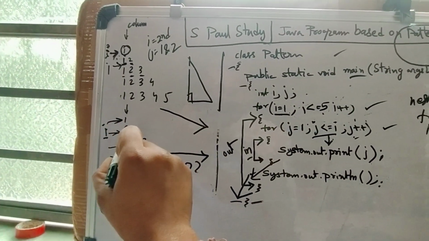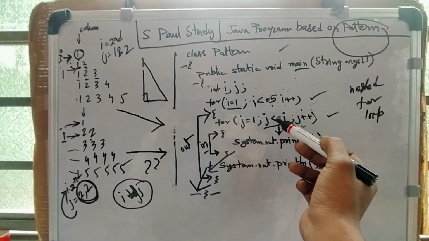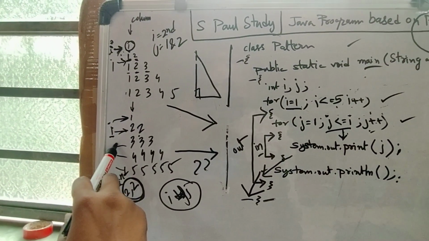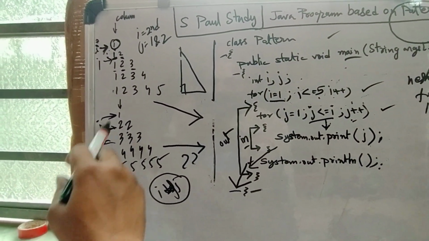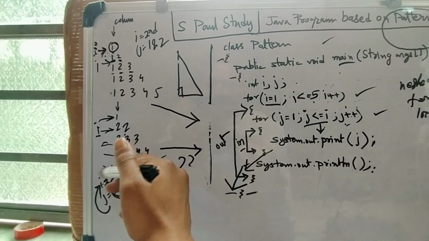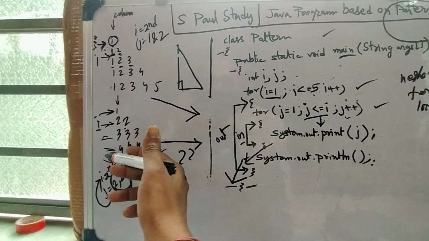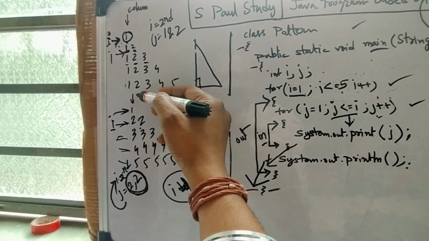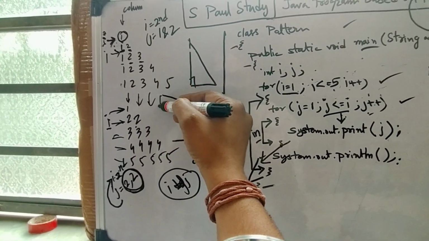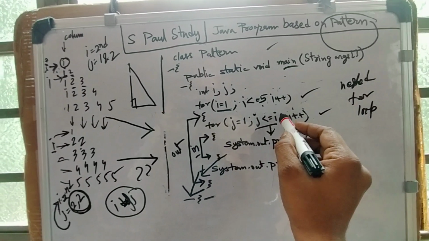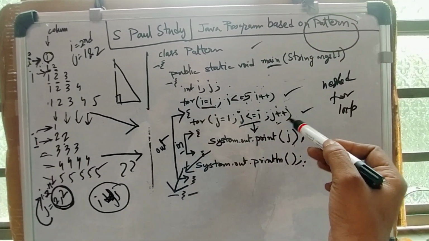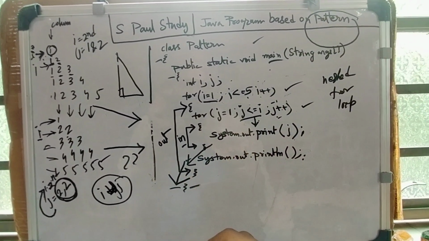Since i is 2, j will run up to 2. Since i is 3, third row, j is also 3. For i 4, fourth row, j places is 4, 1 2 3 4, 4 places. So this condition is perfect, and j plus plus.